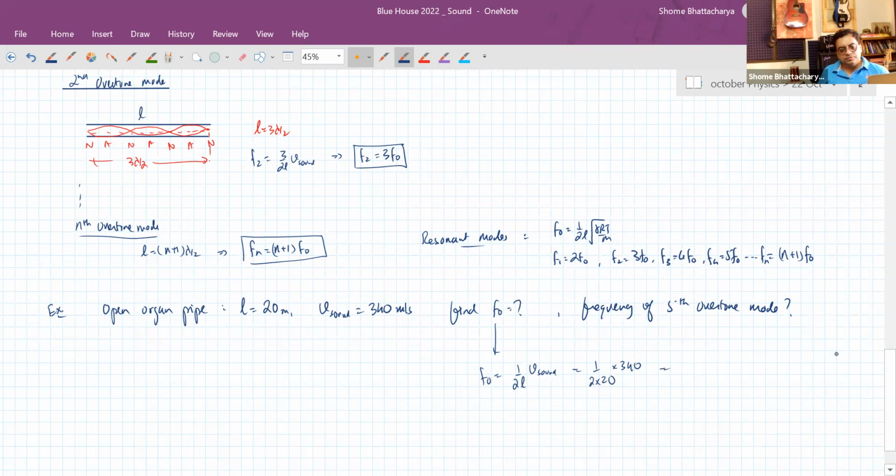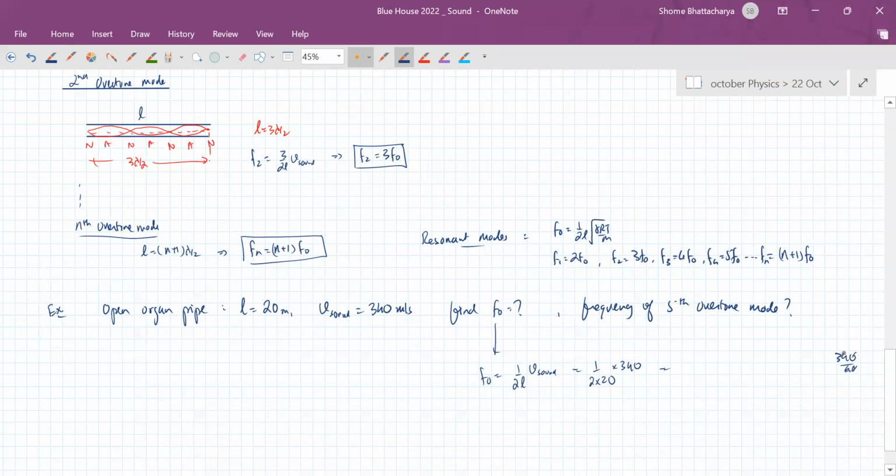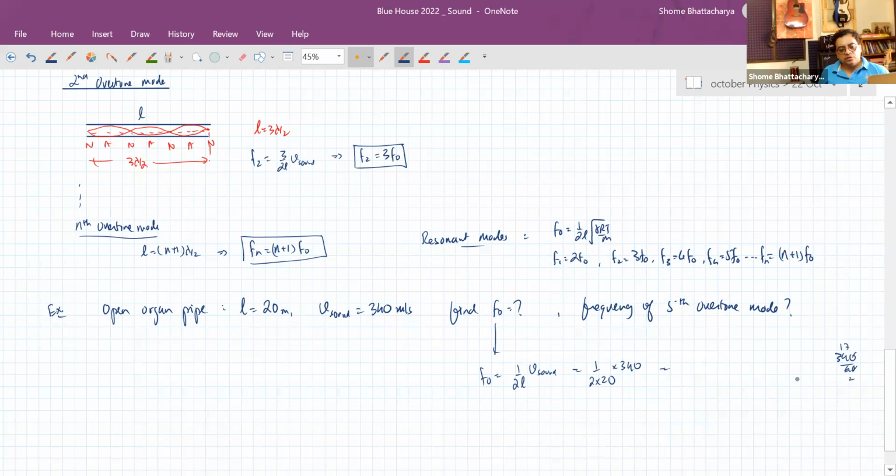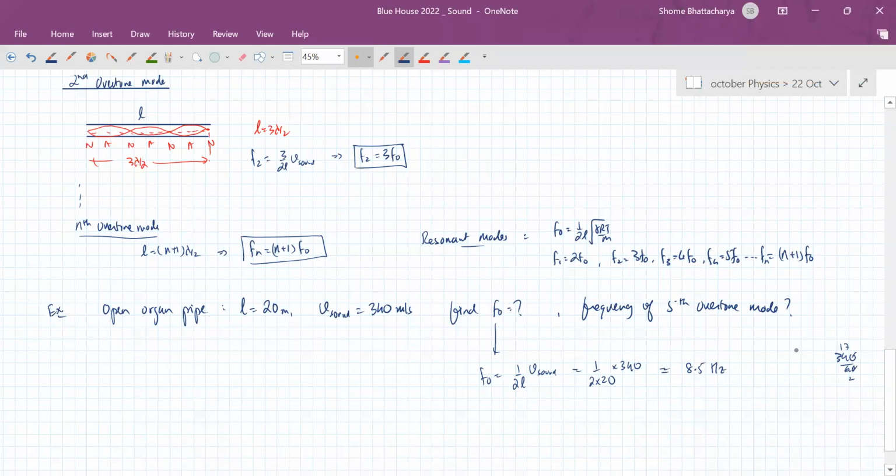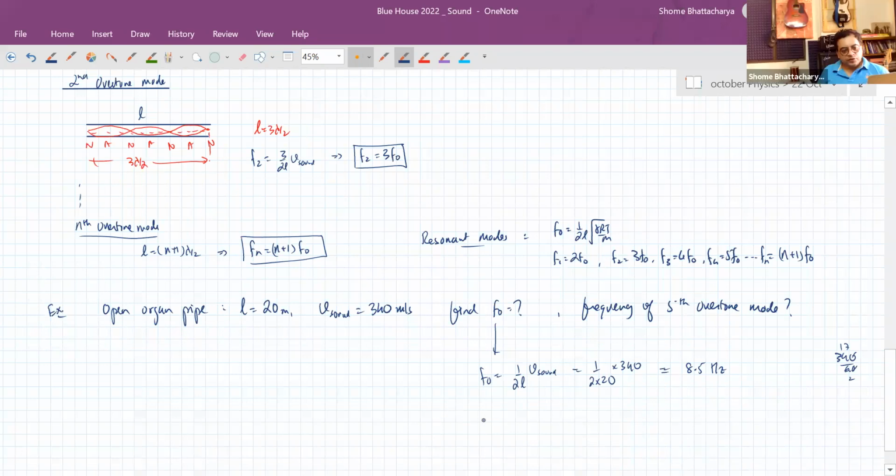So that is 340 by 40, 17 by 2, or 8.5 hertz. Okay. So the frequency of the fifth overtone mode will be 6 times. So 51 hertz. So this is the fifth overtone. This is the fundamental.